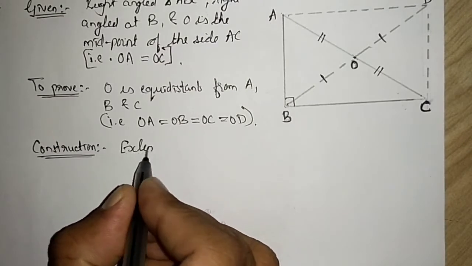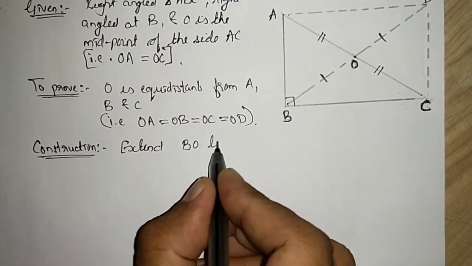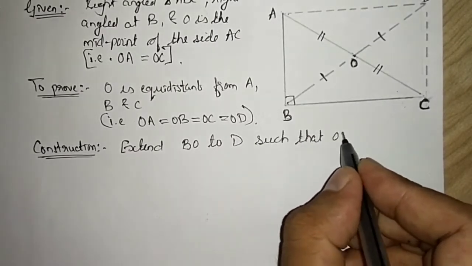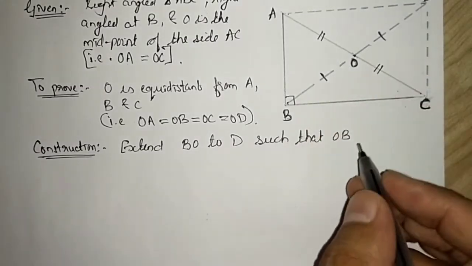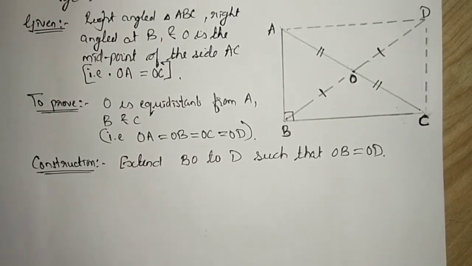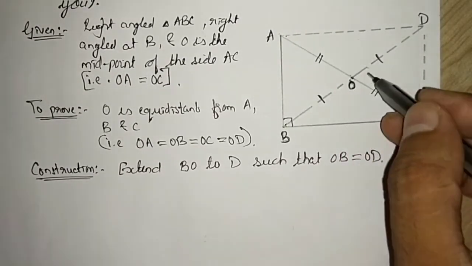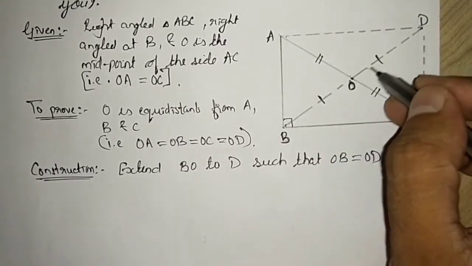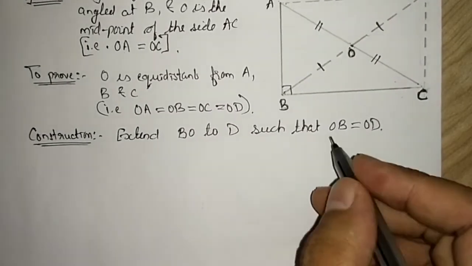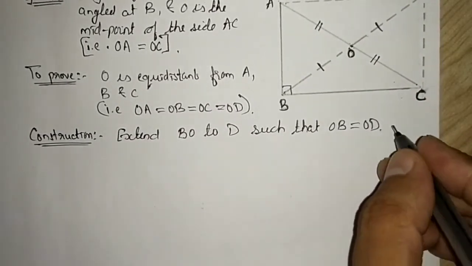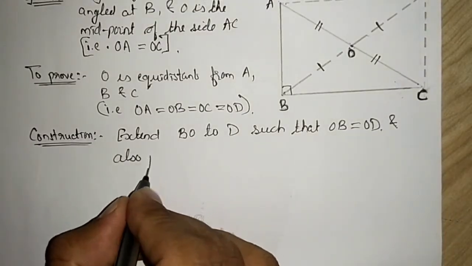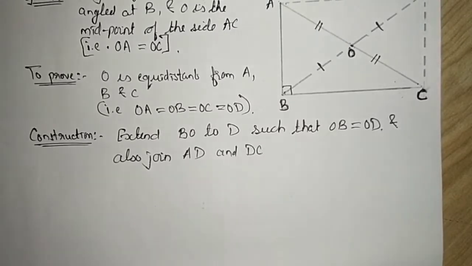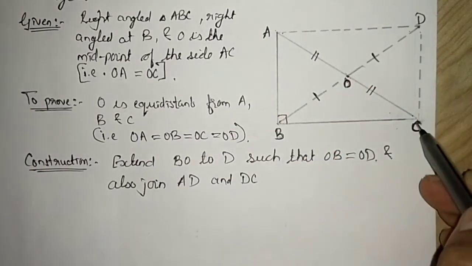That means we have to extend this line BO to D such that whatever the distance of BO is, it is also the distance of OD, such that OB is equal to OD, and also join AD and DC.